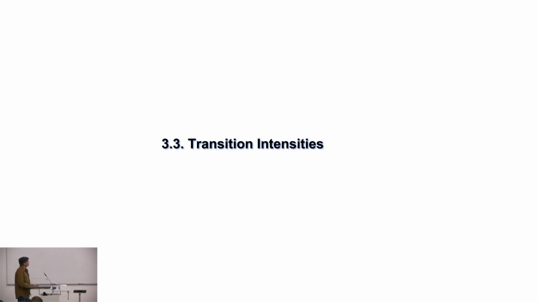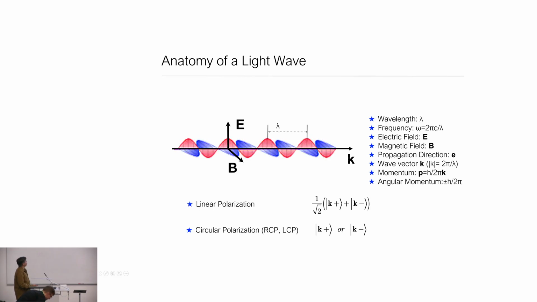Now let's talk about transition intensities, and in order to do that we have to briefly talk about the anatomy of a light wave. So that is a light wave, and it has a certain propagation direction, and each light wave has an electric component E and a magnetic component B that are orthogonal to each other and also perpendicular to the propagation direction.